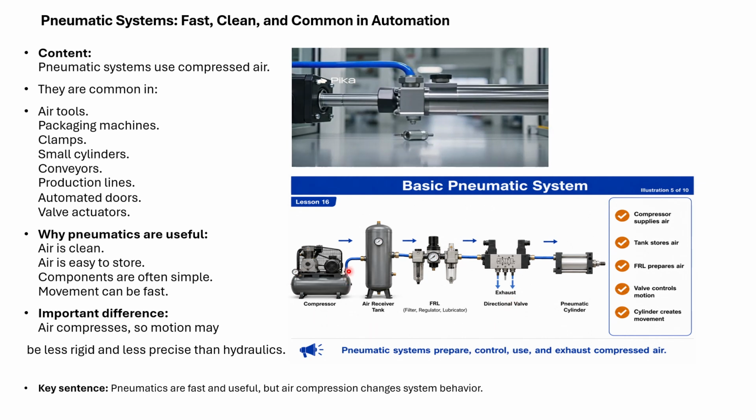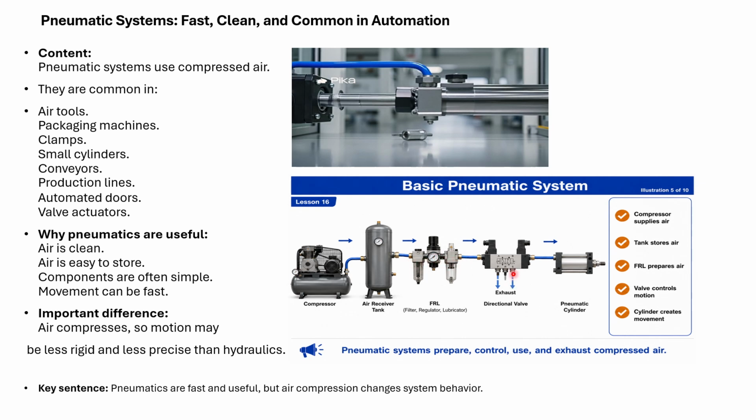Why are pneumatics useful? Because air is clean. Air is easy to store. Components are often simple. Movement can be fast. Here is an example: compressor, air receiver tank, FRL: filter, regulator, lubricator.